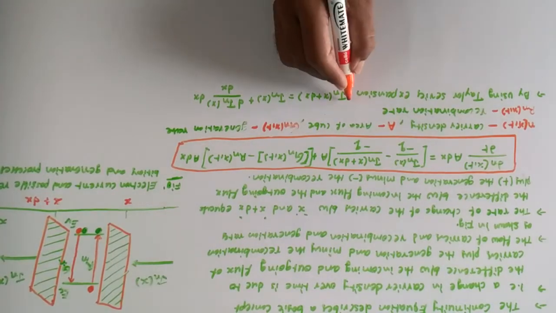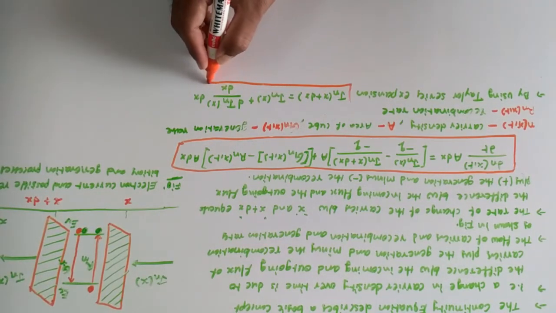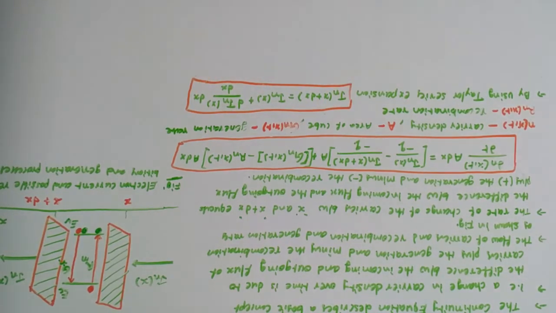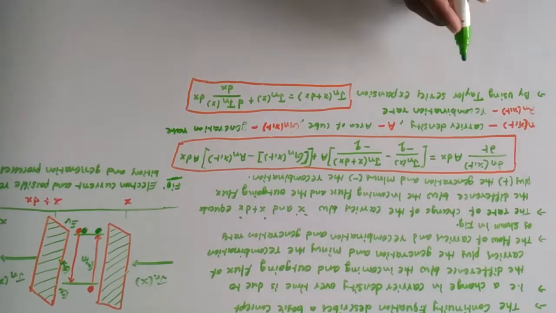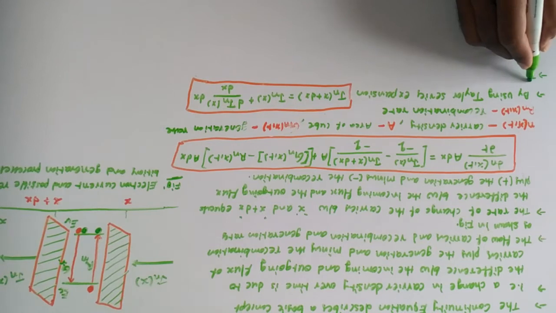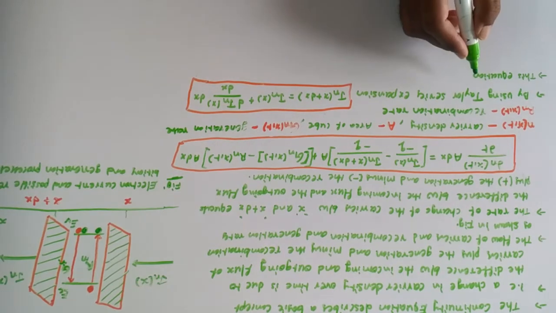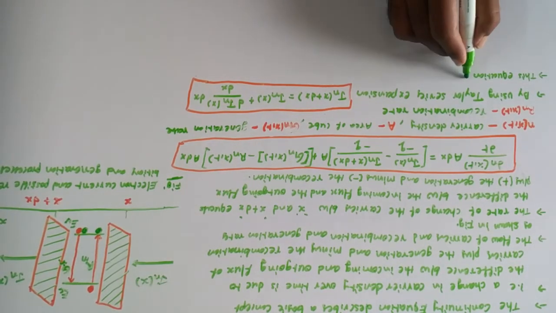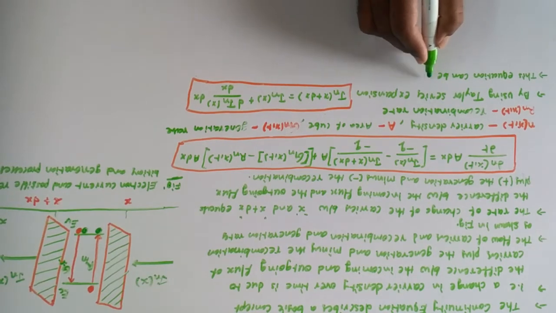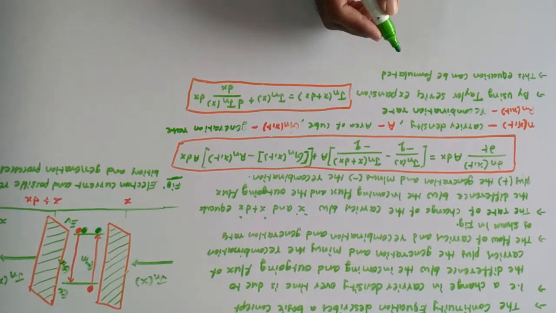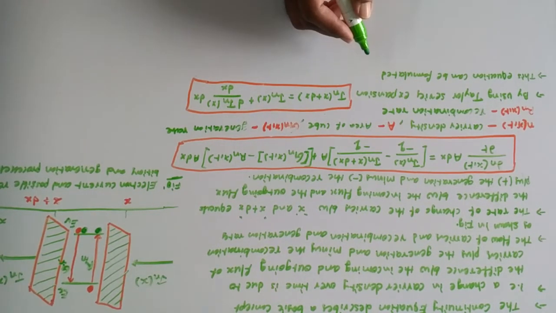By using Taylor series expansion, we write the equation. Next, this equation can be formulated as a function of the derivative of the current.